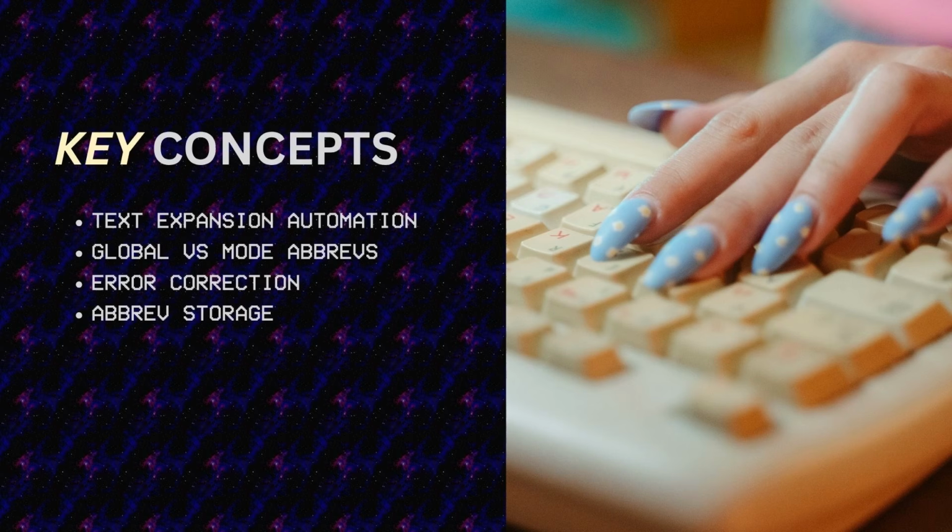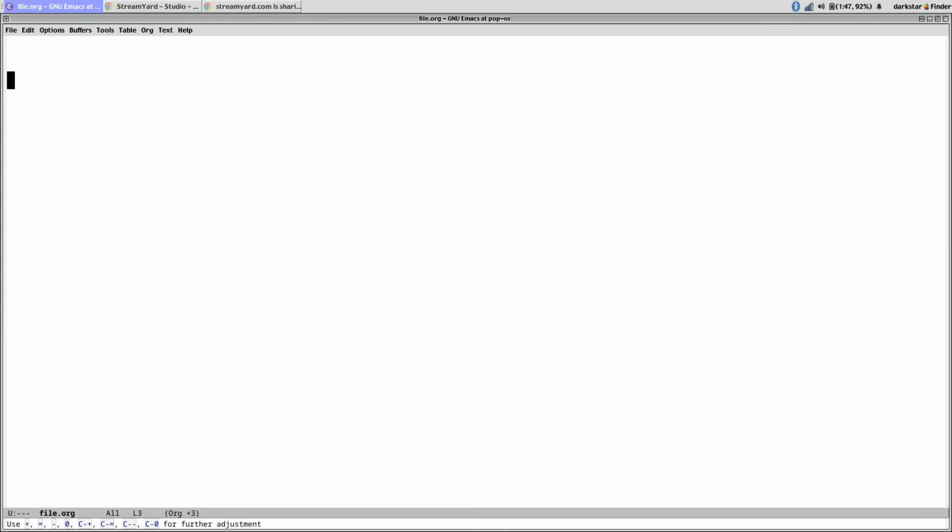Some key concepts we'll be discussing in this video: text expansion automation, global versus mode-specific abbreviations, error correction, persistent abbreviation storage. So Emacs has a special minor mode called Abbrev mode. It can take any abbreviation and automatically expand it into full text.